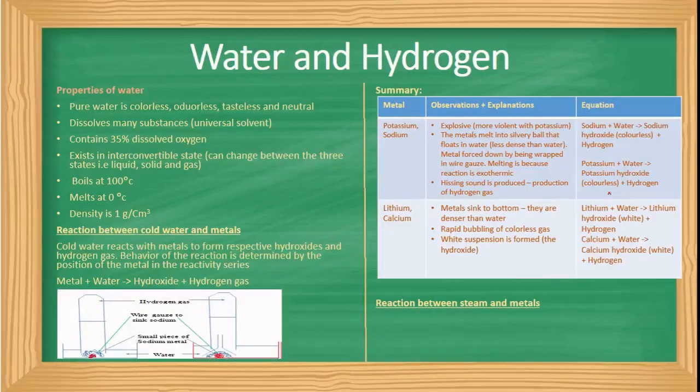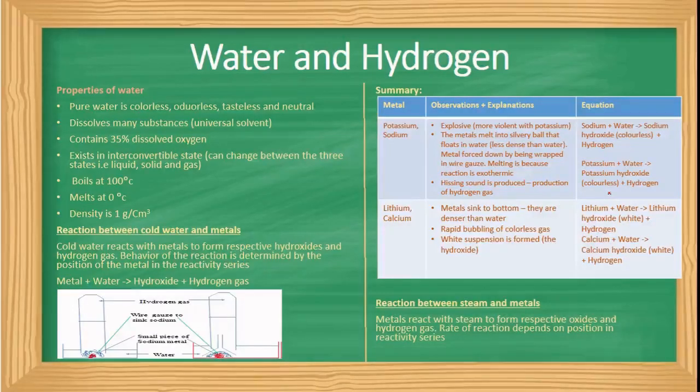Let us now look at the reaction of steam with metals. Remember, you can convert water to steam by boiling. This steam also exhibits a behavior whenever it reacts with metals, or metals are burnt in it. When steam reacts with metals, oxides are formed plus hydrogen gas.